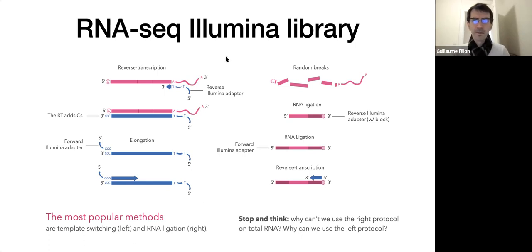You can sequence them. The other method is to ligate these pieces that you need for the sequencing. So you randomly break the RNA into small pieces, and then you use a ligase for RNA. It really takes the 3' end of an RNA molecule and makes a covalent link with a 5' end of another. So you ligate special adapters that have a blocked 3' end, so that they don't form concatemers.